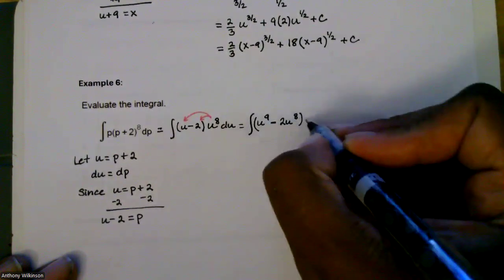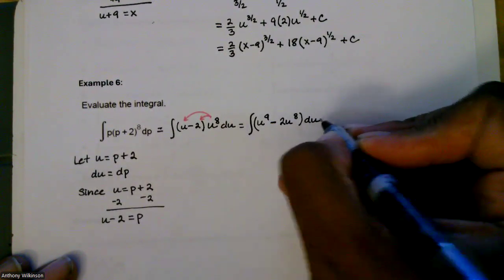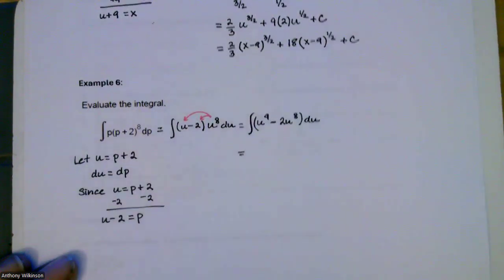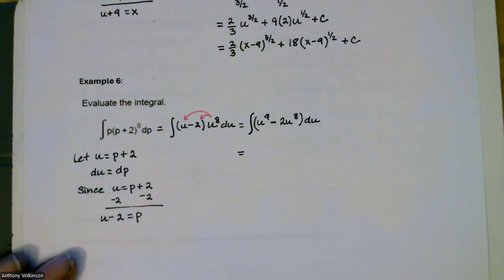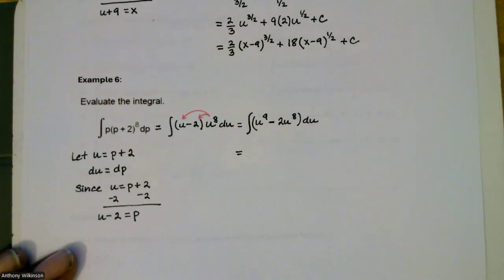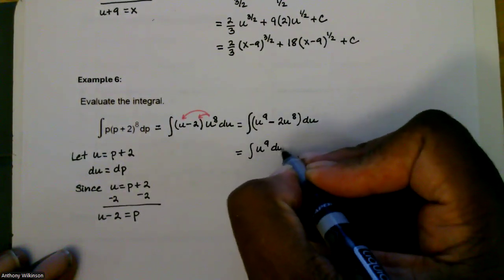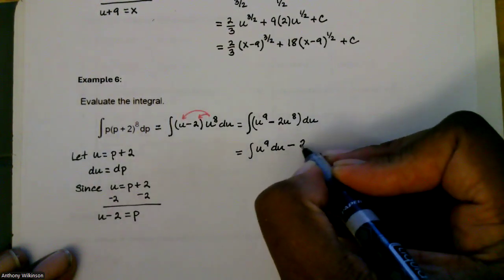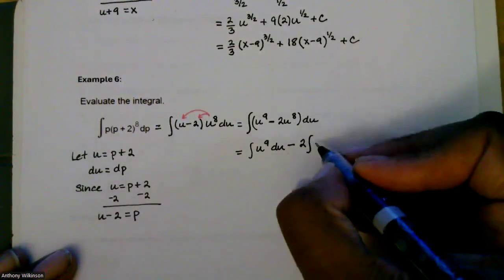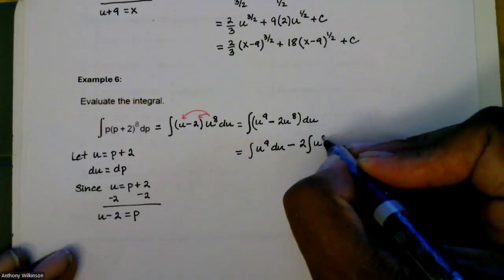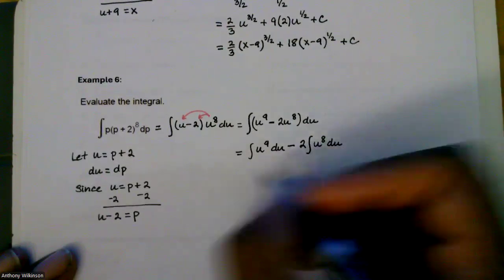And all of this will be du. And of course, I have the integral of the difference. I can write this as the difference of the individual integrals. So this means I'll have the integral of u to the 9 du minus, I'll pull the 2 out in front, and that'll be multiplied by the integral of u to the 8th du.